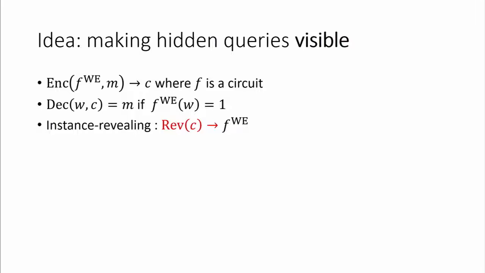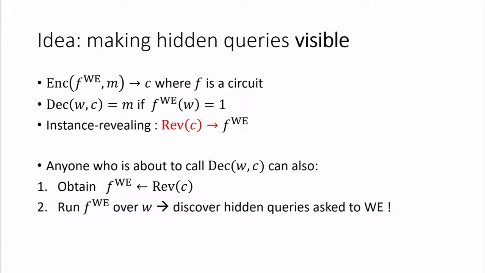So if I can see what function is there, it means that every time that there is a decryption process being executed, I would be able to efficiently extract everything that is asked inside there. Because first, I can extract the function f from the ciphertext. I have the witness. I can run it myself. In addition to the witness, in addition to the decryption algorithm, whoever has that information, ciphertext and witness, they would know whatever happened inside there.